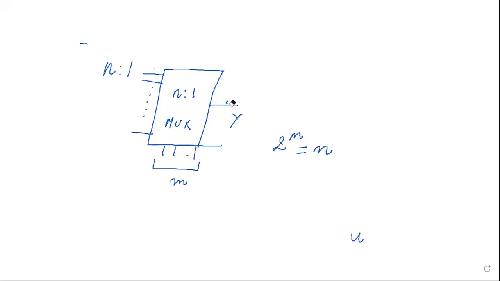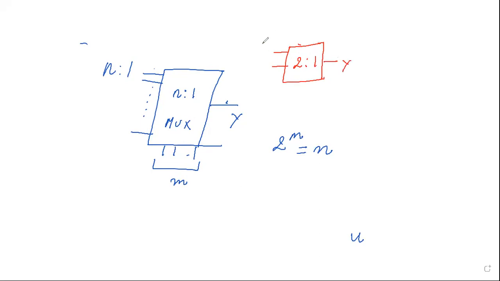To understand the logic, I will just take the example of a 2:1 multiplexer. So consider we have a 2:1 multiplexer. It means two inputs are there and one output is there.